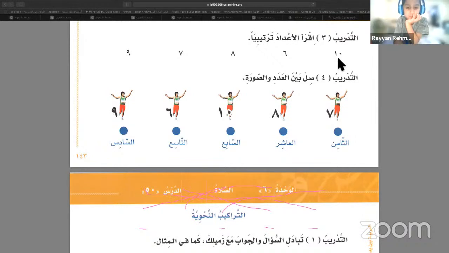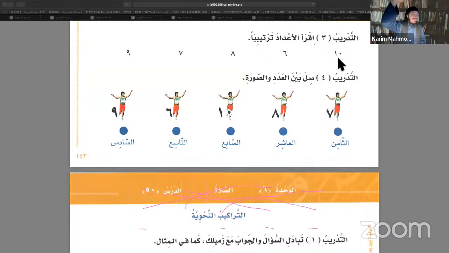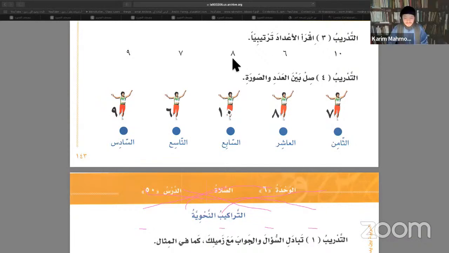Wahid. This is Wahid. I need the ranking. الترتيب. The ranking. العاشر. Say it. This one. السادس. What is it? No, not السادس. السادس. Say it. This one. العاشر.